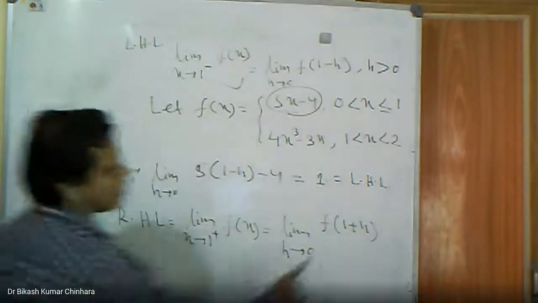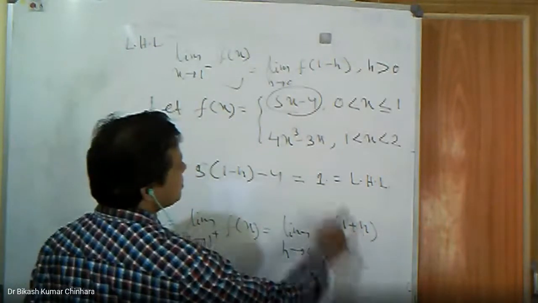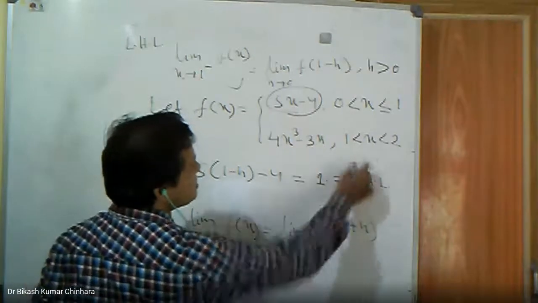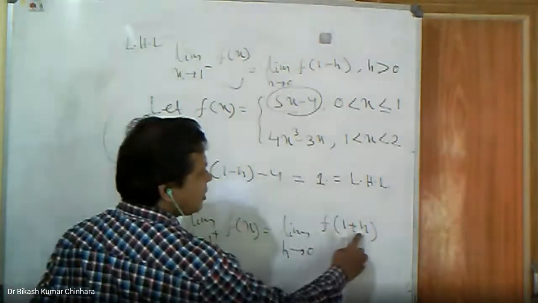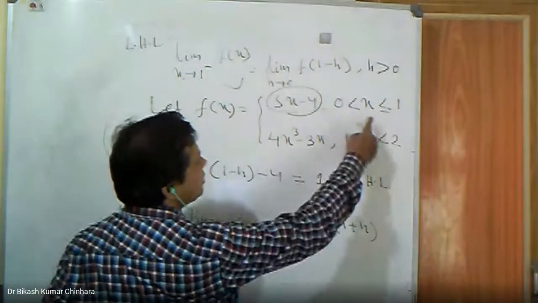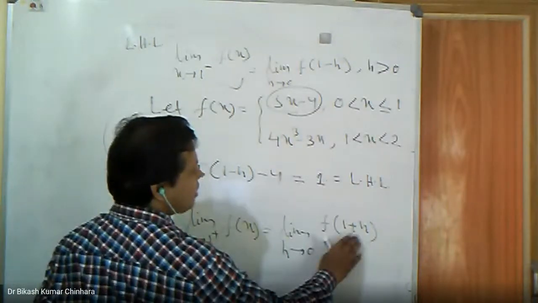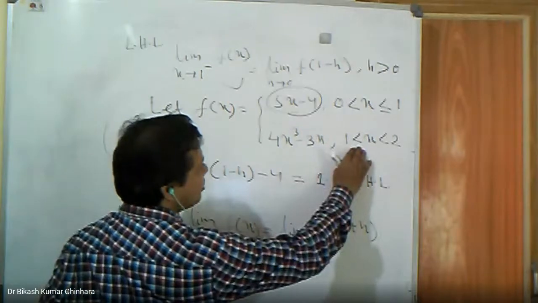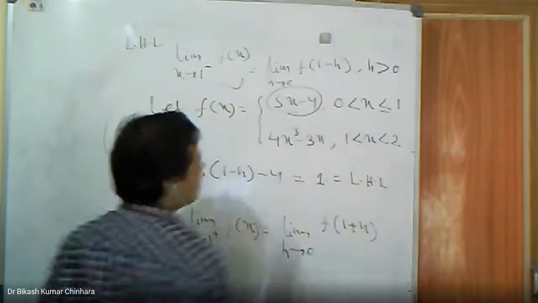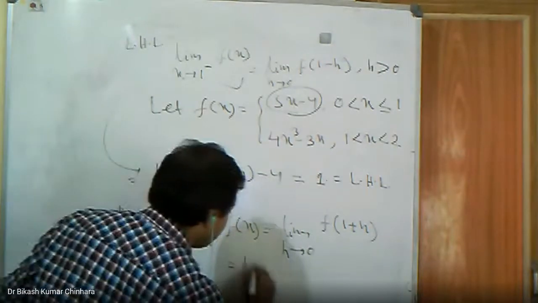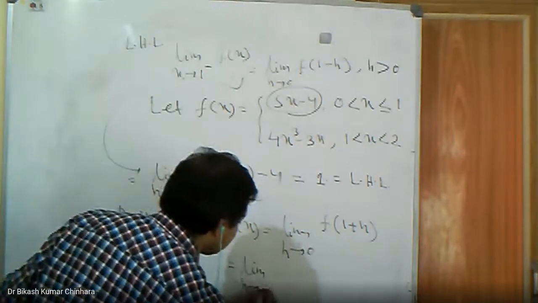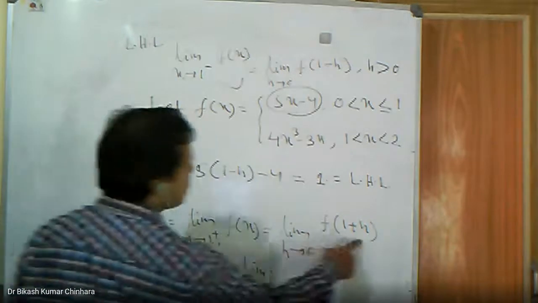So the argument is 1 plus h. That means the argument is in this interval. Are you ready? You are adding something to 1, so that means the argument x is lying here. Okay. So its value will be limit h tends to 0, you put 1 plus h here.